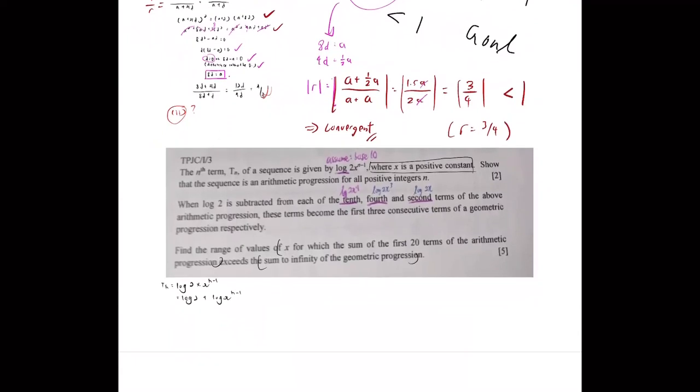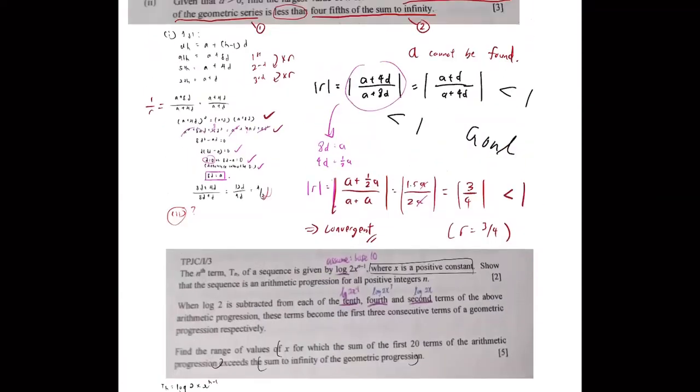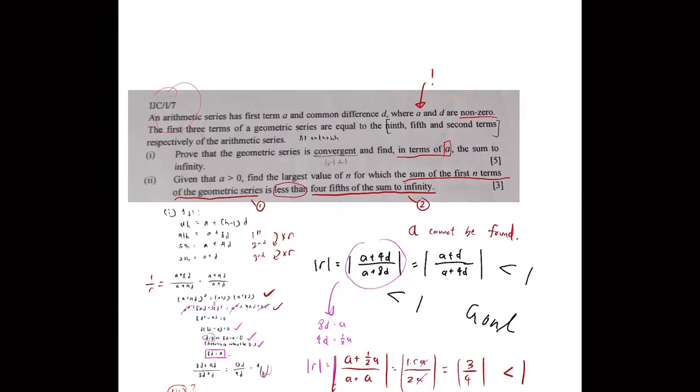Let me think a bit. The first term of the geometric series, is it a? Because what I'm trying to do now is to find the sum of the first n terms, and the formula is what? a times (1 minus r to the power n) over (1 minus r). First term multiplied by 1 minus the common ratio raised to the power of the number of terms, divided by 1 minus the common ratio. a is the first term, but that is the generic formula. Is the first term of the geometric series also equal to a? Yes or no?